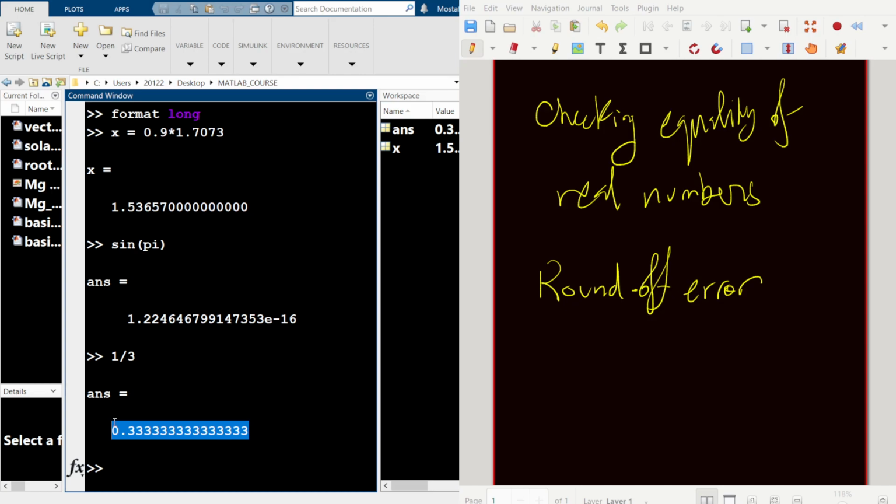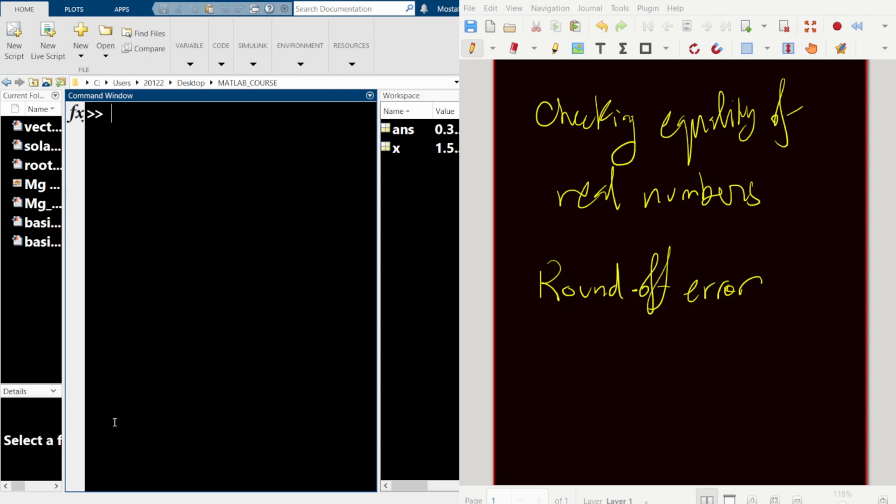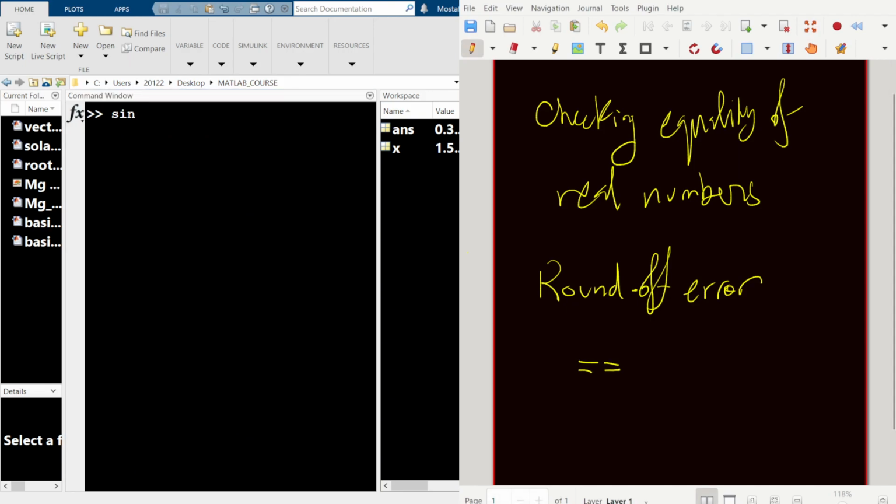And this creates a big problem when we check the equality of real numbers. Remember, in the previous video we discussed the relational operator double equal sign, which is checking equality. Of course, that works very well with integers.